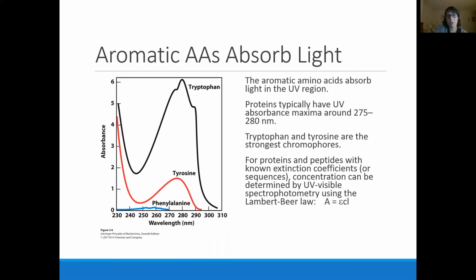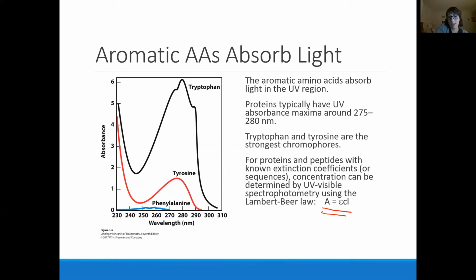So for any protein or peptide with a known extinction coefficient, we can calculate its concentration. Using our Beer-Lambert law, we can measure the absorbance of a protein that we've collected, some unknown protein. We can use its extinction coefficient. This is a standard that you would look up for a particular protein.